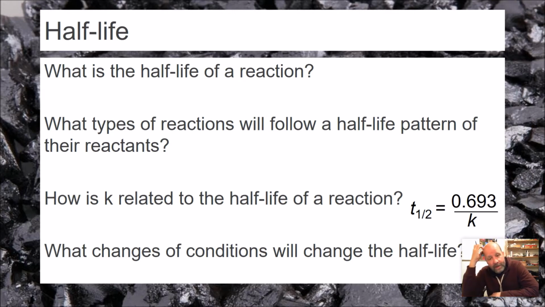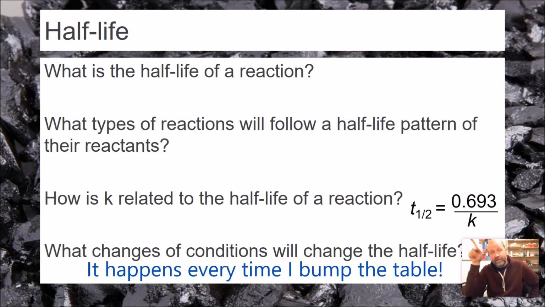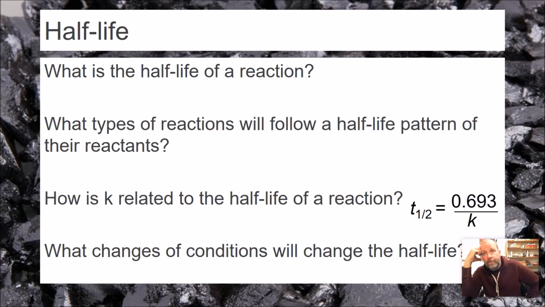How is K related to the half-life of a reaction? Well, we can actually figure that out. A half-life is a period of time, right? It's the amount of time it takes for half of the reactants to go away. That is a value in seconds usually, but it could be hours, years, whatever. It is mathematically related to K. If you think about a first-order reaction, it's going to be linear, and it's going to be the natural log of 2, that gets to our half-life, over K. The natural log of 2 is 0.693.